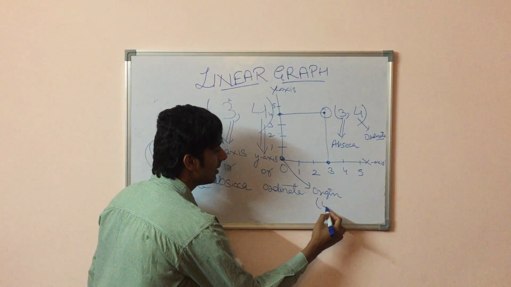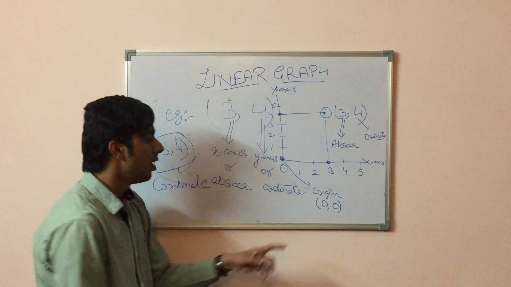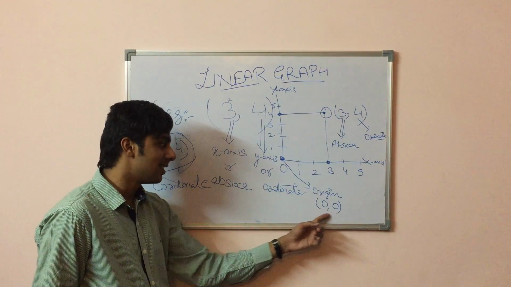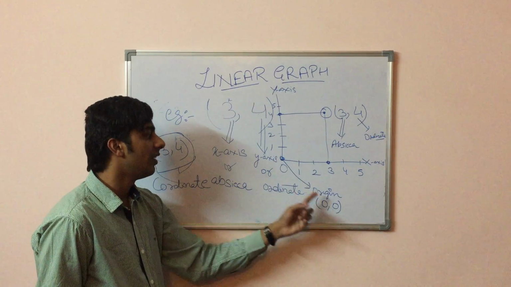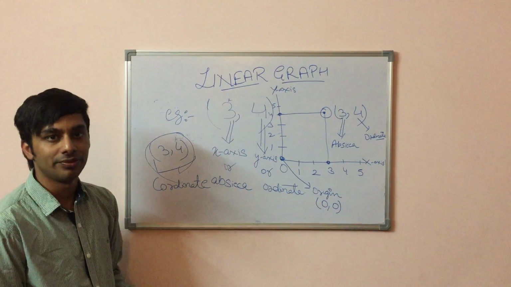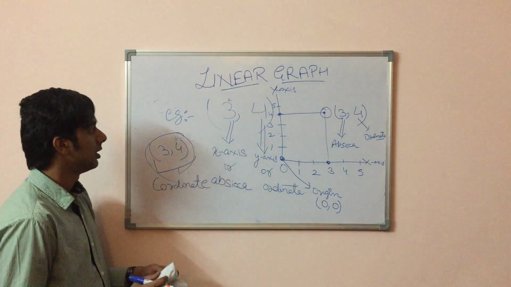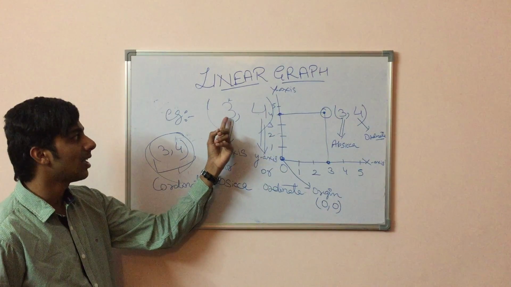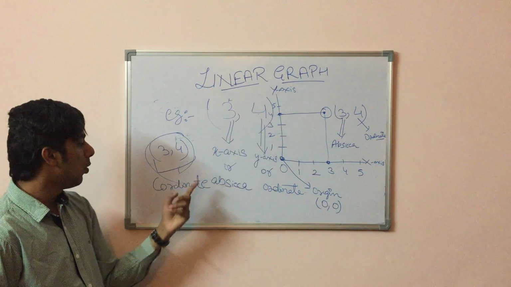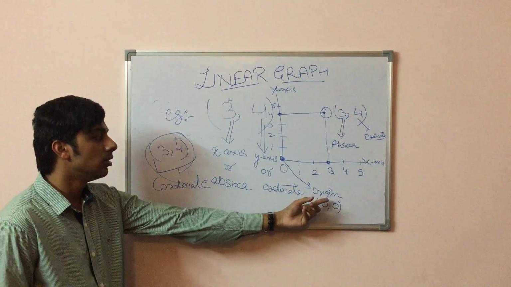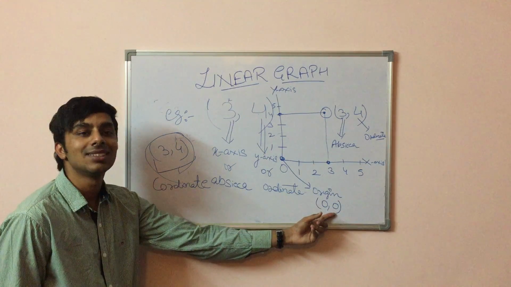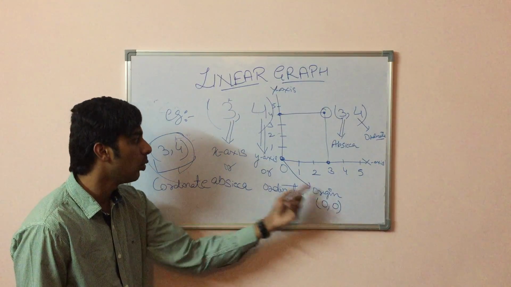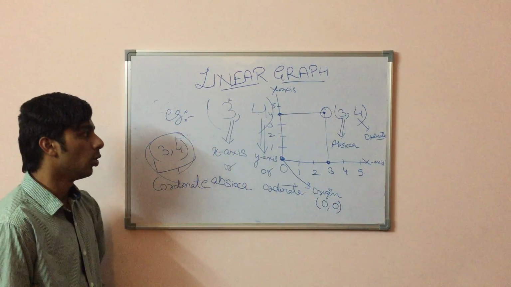Here the point is (0, 0), where the abscissa and ordinate are 0, that point we refer to as origin. So we now know what is x-axis, y-axis, abscissa, ordinate, coordinate, and origin. The point where the abscissa and the ordinate are 0 is called origin.